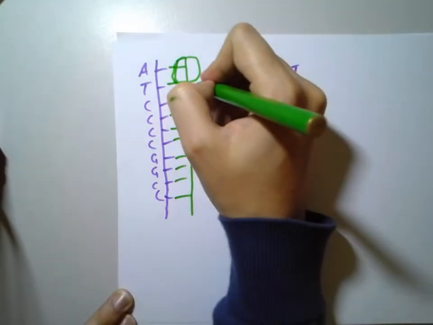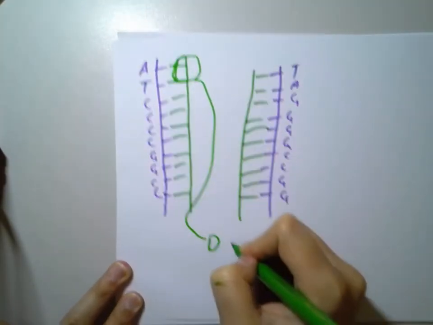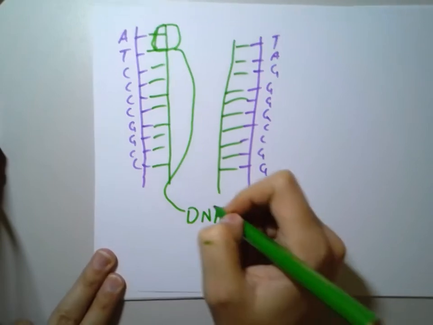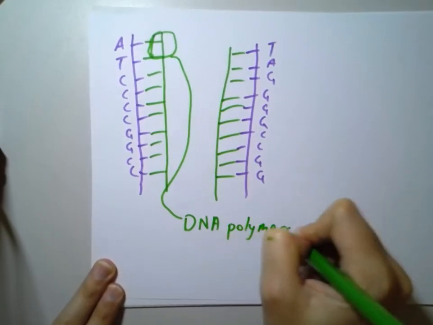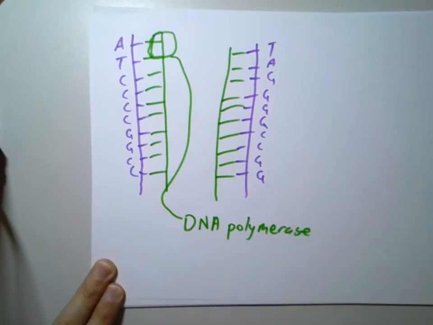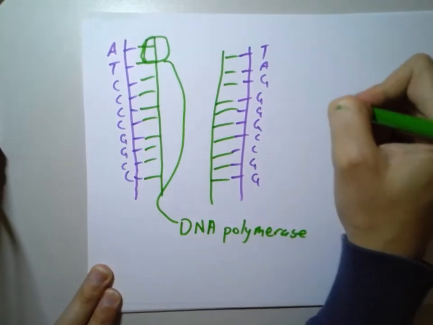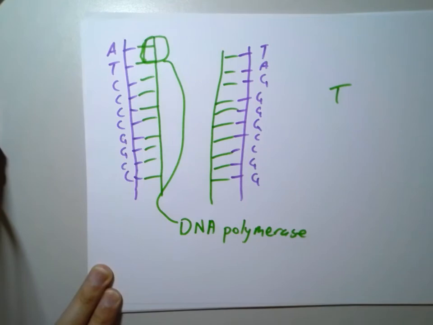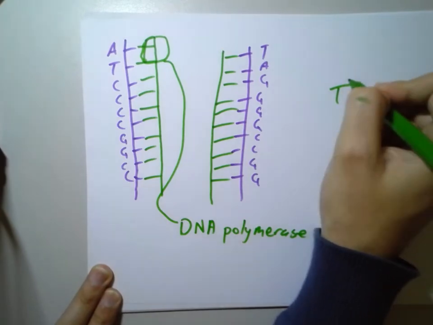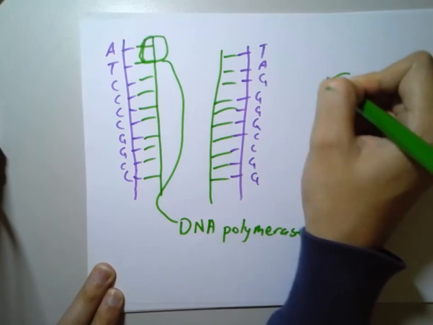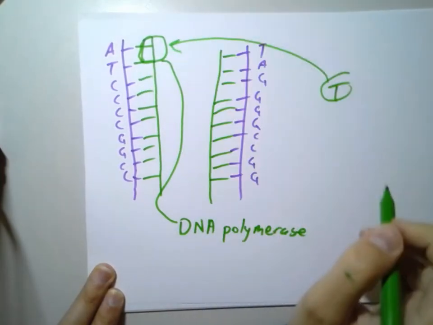is an enzyme called DNA polymerase. So DNA polymerase, for example, if there's a T floating around, T stands for thymine, the DNA polymerase will grab that and match it to the base pair of adenine.